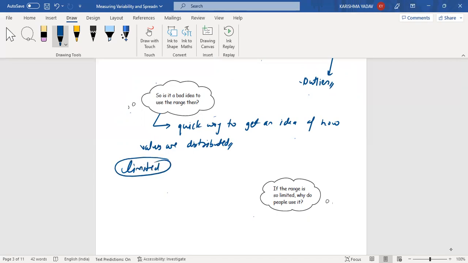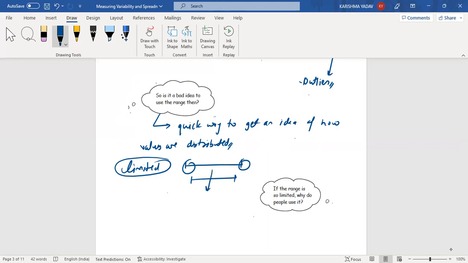The range tells us how far apart your highest and lowest values are, but that's about it. It only provides a very basic idea of how the values are distributed. Because the range is calculated using the extreme values, it's impossible to tell what the data actually looks like, whether it contains outliers or not.